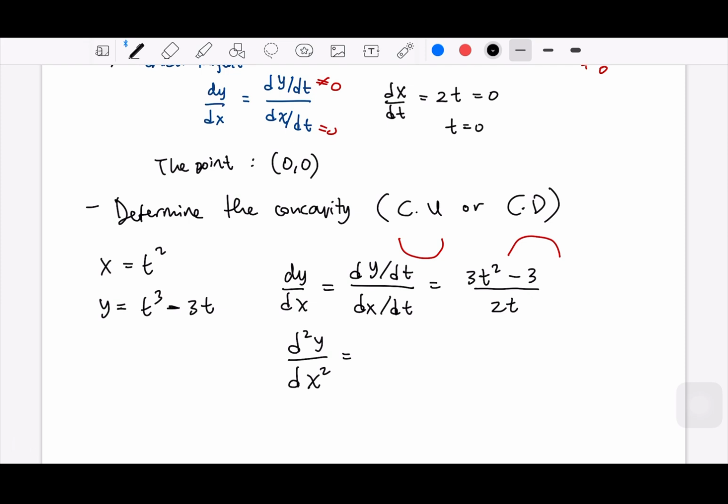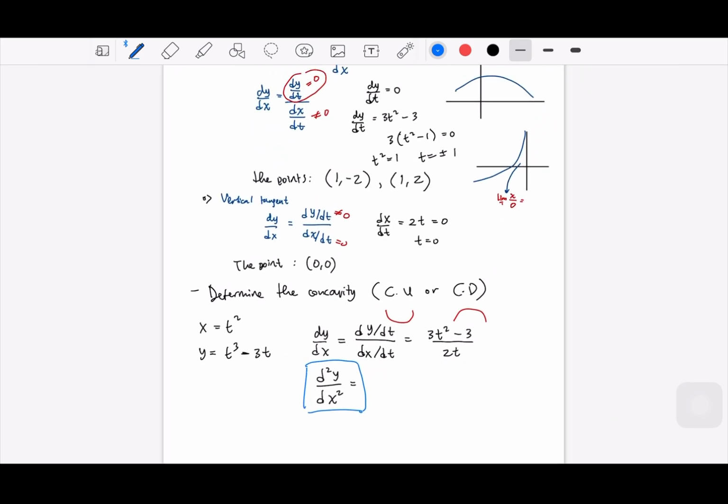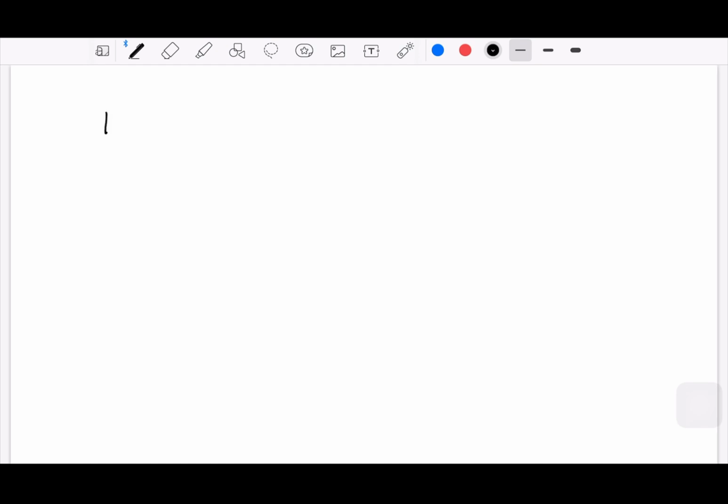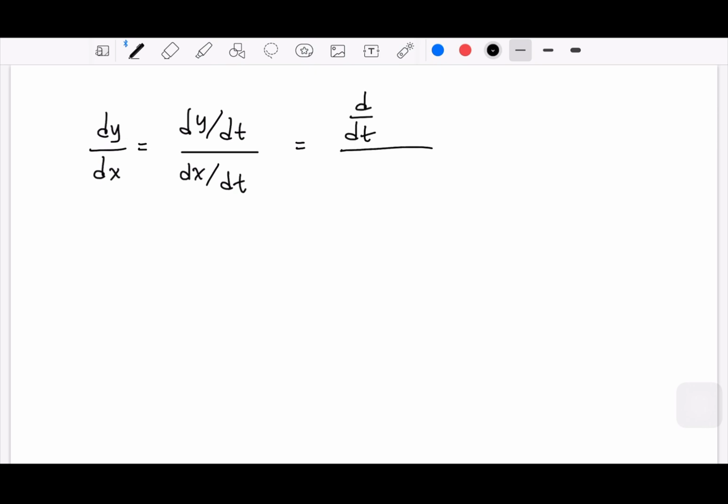Now before we start doing the second derivative, let me make some quick review. We know that from our chain rule, we have these relations. Actually, maybe it will be more clear if I write it like this.